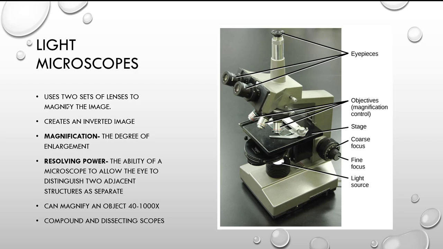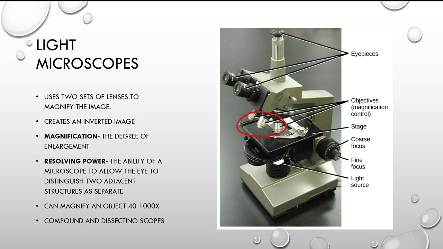This is called a compound light microscope because it has two sets of lenses. Two sets of lenses means two sets of magnification: one from the eyepiece and another from the objective lenses.